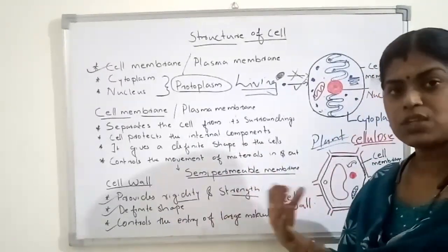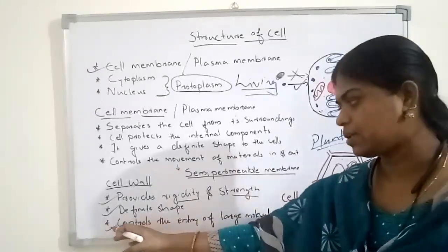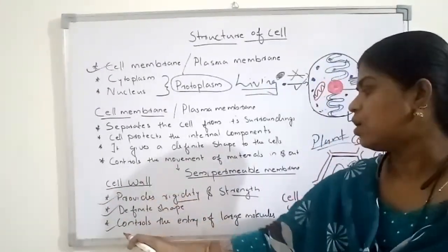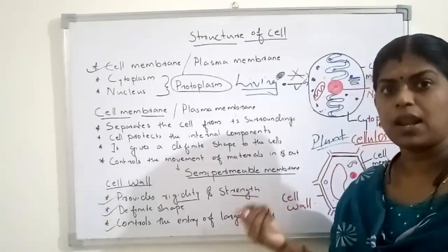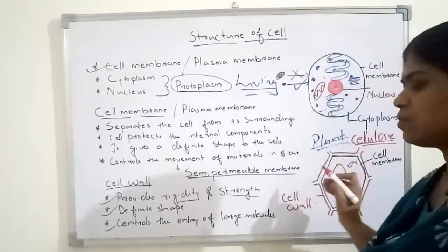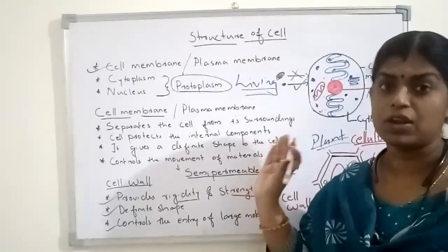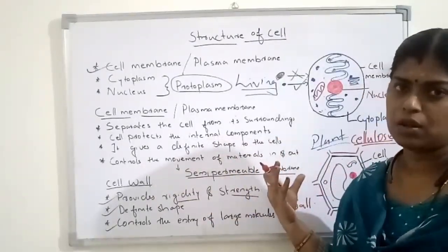The entry and exit of some materials is controlled by the cell wall. For example, if any pathogen or large molecule is coming to enter the cell, the cell wall will not allow that material to enter.